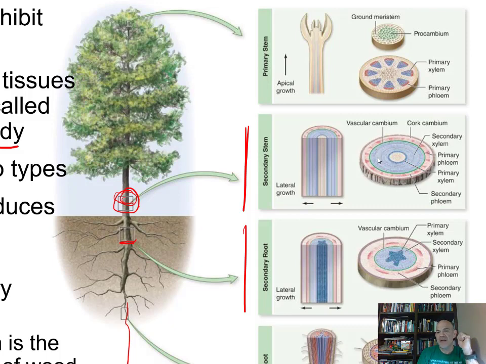Further out, just outside of where the phloem is, where you see some of that red area, you're going to have another meristem, and that's going to grow the bark. As the tree grows, the outer protective coating is going to be splitting.